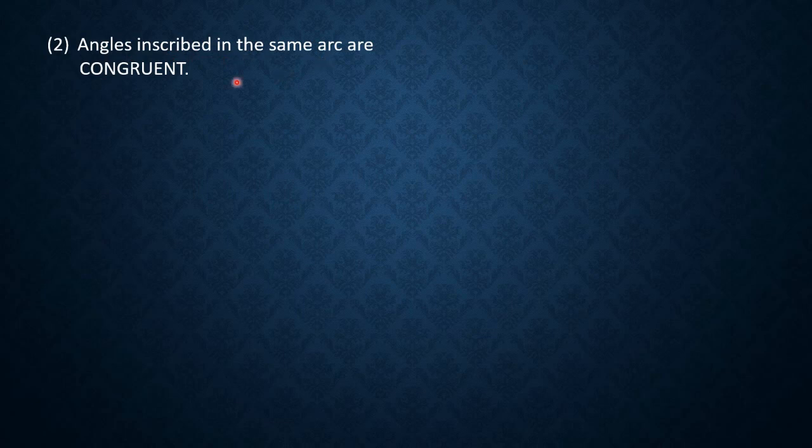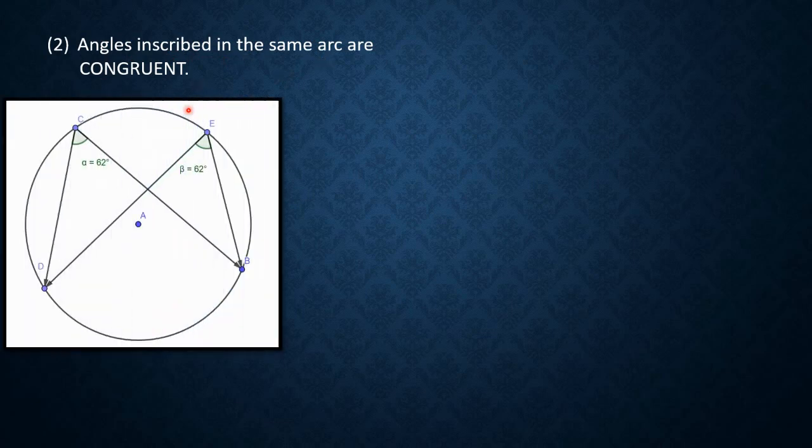The second corollary states that angles inscribed in the same arc are congruent. So in the first diagram, if you note that angle DCB and angle DEB, both of them are inscribed in the same arc, that is arc DCB, or you can also name it as arc DEB.